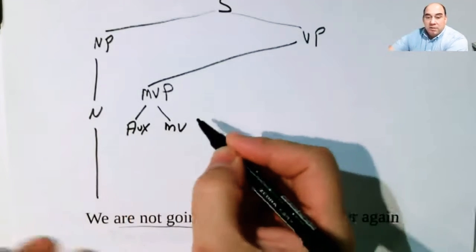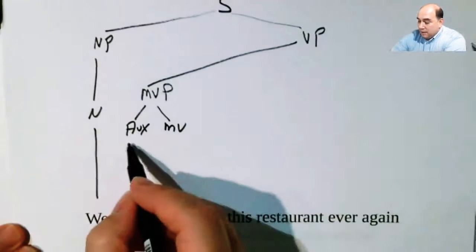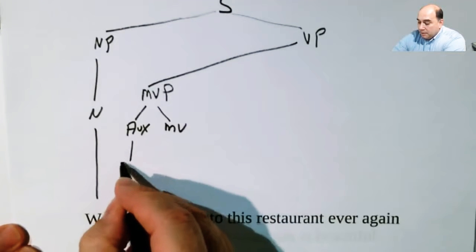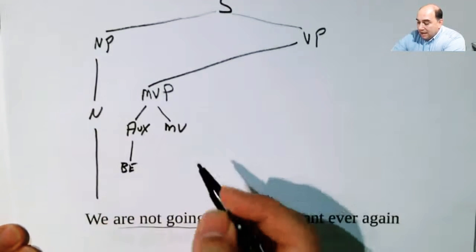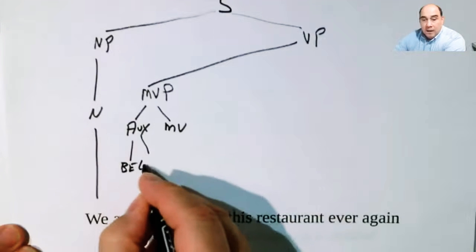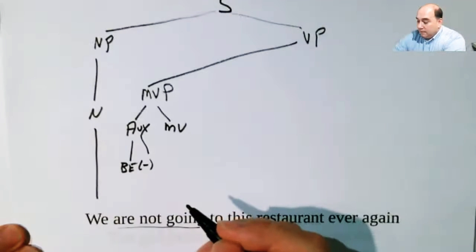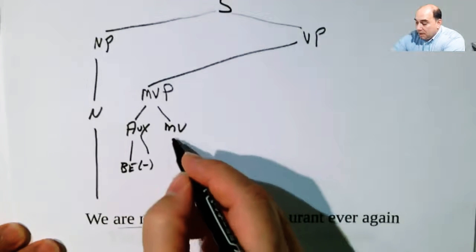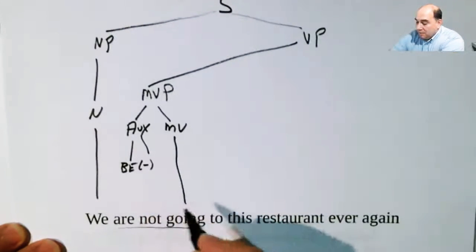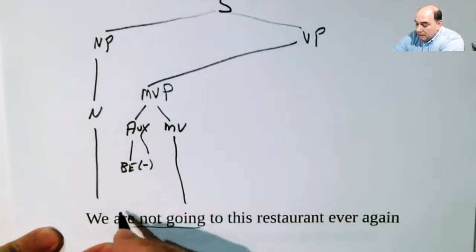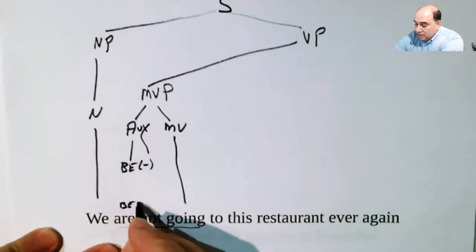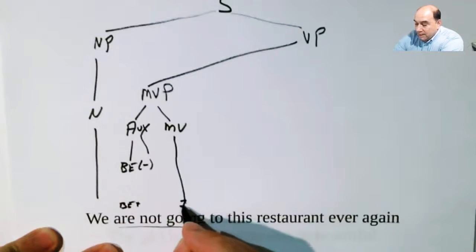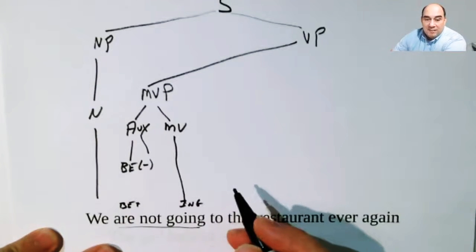Again, what's in the auxiliary here is the be verb and the negative. And then, of course, we have the main verb, go. As I have said before, we've got be plus the ing. That's the construction that lets you know it's progressive timing.